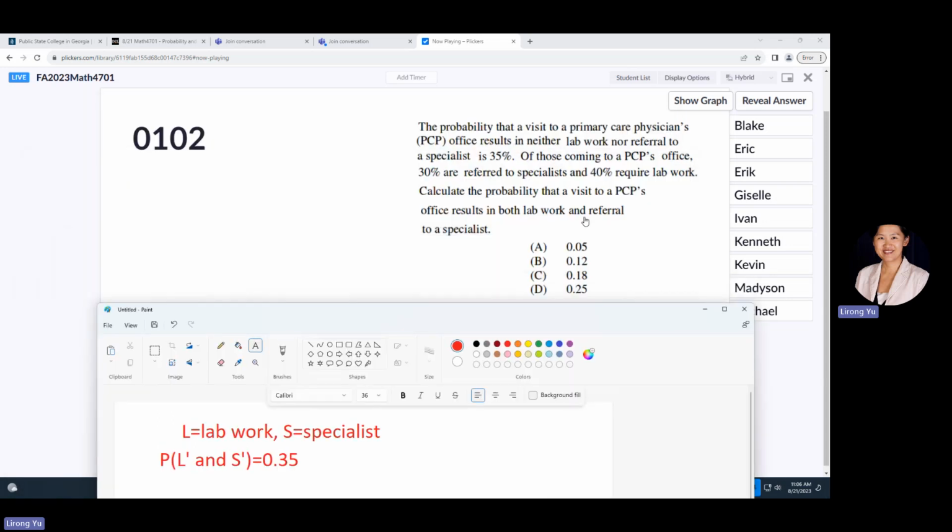And of those coming to the PCP office, 30% are referred to a specialist and 40% require lab work. Basically, coming to the PCP office in this question is the whole. So the second sentence is saying the probability for specialist, S, is 30%, and the probability for lab work is 40%.